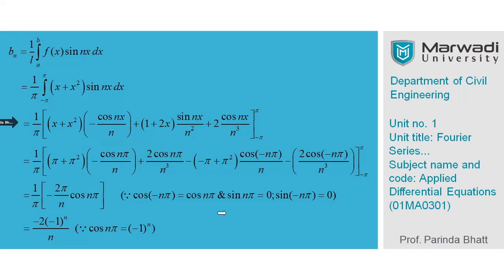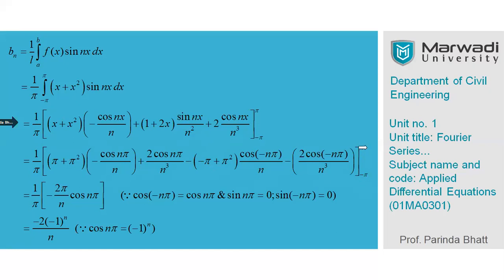Again students, sin nπ is 0 and minus sin nπ is also 0, so this term is eliminated, remaining only the first term and last term. Now we apply the limits: π plus π square times minus cos nπ by n plus 2 cos nπ by n cube, minus the lower limit: minus π plus minus π whole square, that is π square, cos minus nπ by n minus 2 cos minus nπ by n cube.